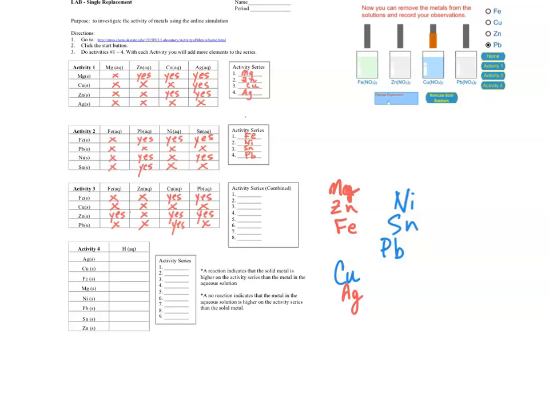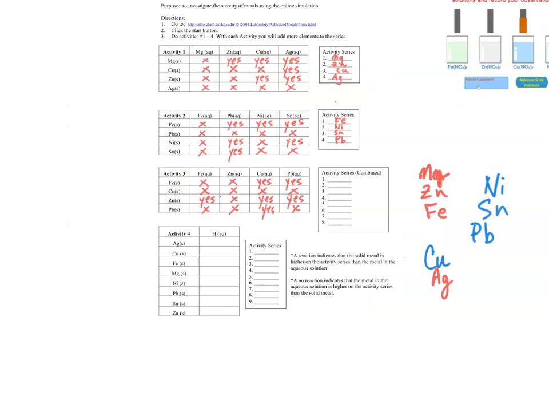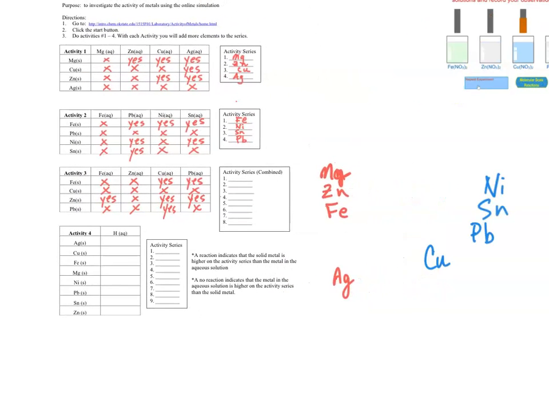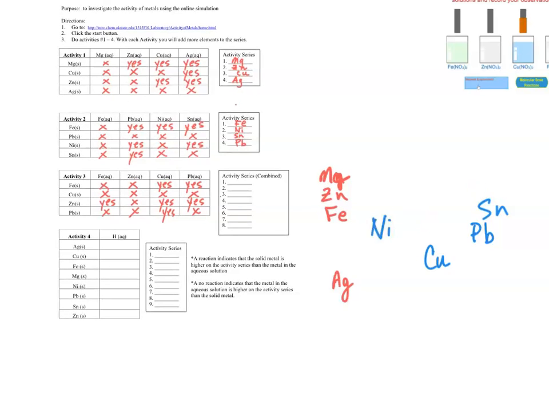Should nickel be below iron? Activity number 2 says that nickel should be below iron, and we know nickel, tin, and lead are in fact in the correct order with each other. Therefore, those 3 should be below iron. So nickel is below iron, tin's below iron, and lead's below iron, and copper should be below lead, and therefore we have our list.